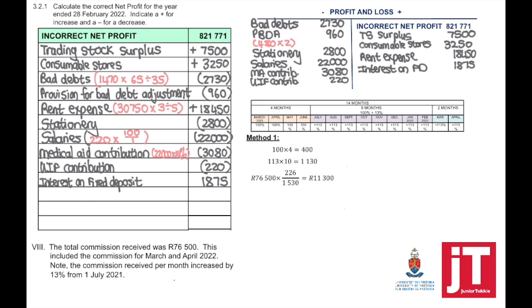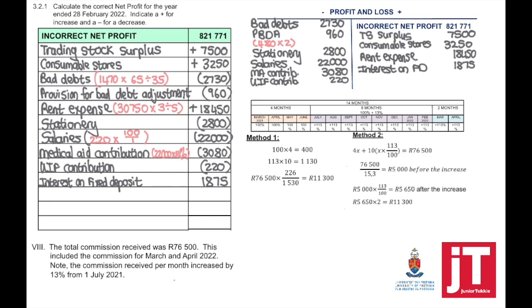So 113 plus 113 equals 226. So we're going to take 76,500 times 226 divided by 1,550, and that equals the amount that we've received in advance.